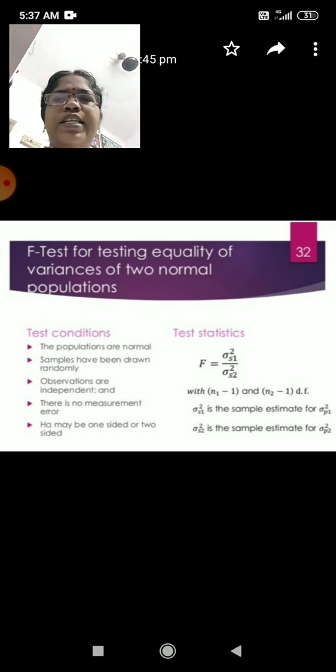The test statistic is F equal to sigma S1 squared divided by sigma S2 squared, with N1 minus 1 and N2 minus 1 degrees of freedom. Sigma S1 squared is the sample estimate for sigma P1 squared, and sigma S2 squared is the sample estimate for sigma P2 squared.